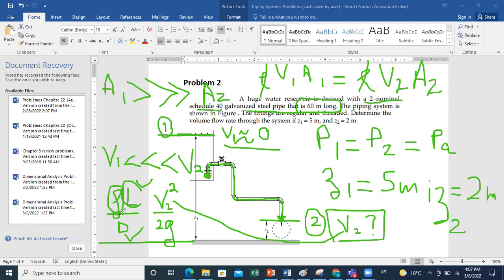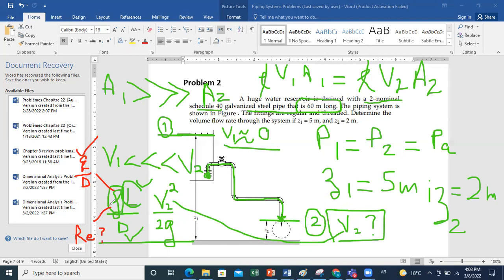Okay, and of course my friction factor will require the knowledge of two inputs, because to use the Moody diagram I need epsilon over D. So to get f, I need epsilon over D, and I need Reynolds number, but Reynolds is a function of V. So from here I need to perform some iterations, because f is a function of epsilon over D, which is known, and of Reynolds, which is unknown.